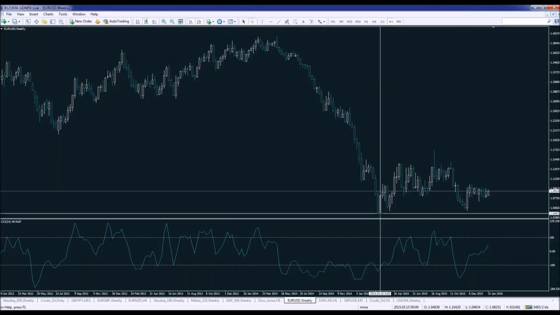The last low was here, and we have to find out how many candlesticks. Those are 37, which means we have 37 weeks. To find out how many days, we have to multiply 37 by 5, and we will find 185 days of trading.